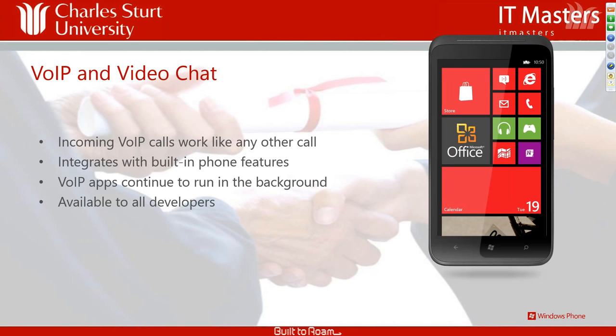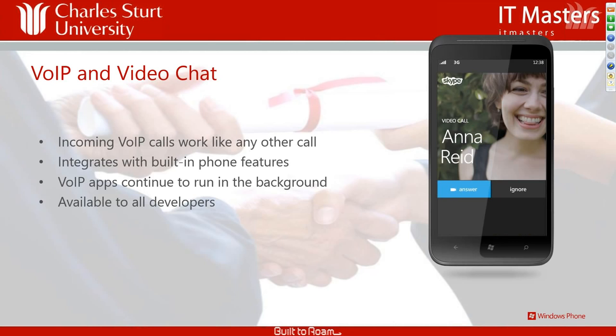So you can receive the call, Skype launches, and then you can do both a voice and or video call. The APIs that have been made available for Skype to do that are available to all developers. So if you have a particular VoIP system that you work with, you can take advantage of those APIs, including the push notification, to launch your VoIP client and bring it into the foreground.